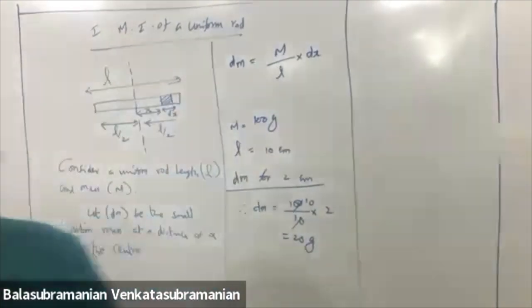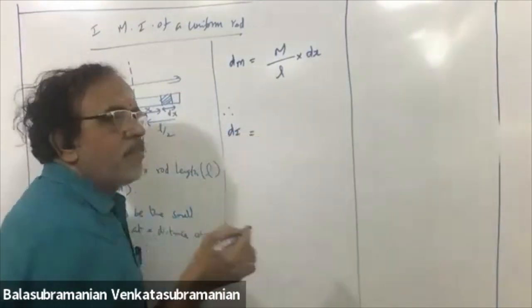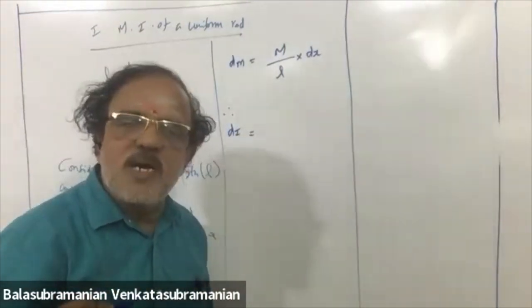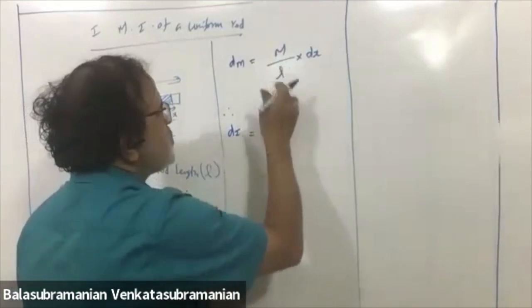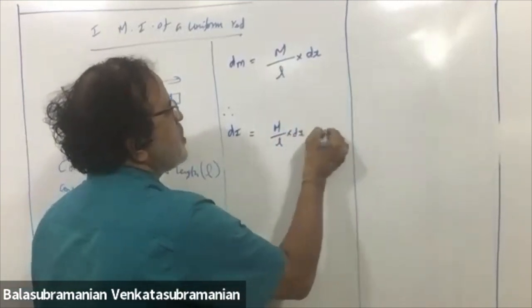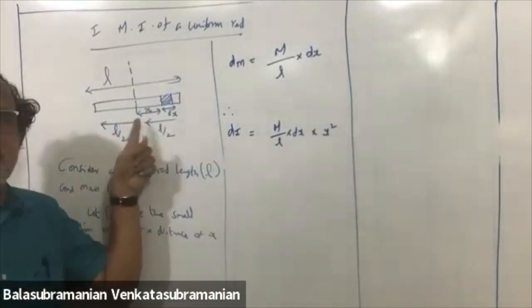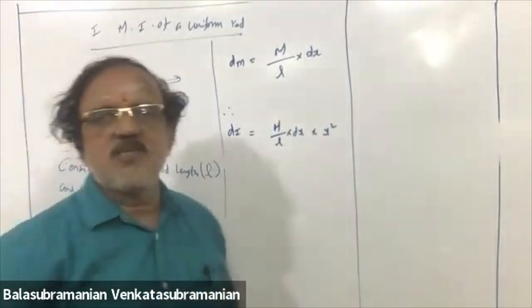Therefore, moment of inertia dI is equal to mass into distance square. What is the distance? Distance from the axis of rotation, that is x.